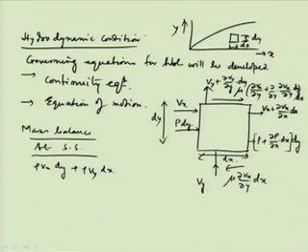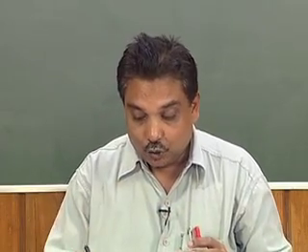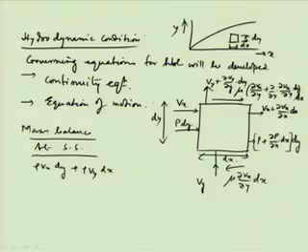Now, Vx is the velocity. Velocity into the area will be the volumetric flow rate. Here the area is dy, and in the other case the area is dx; dx into 1, where 1 is the unit width.